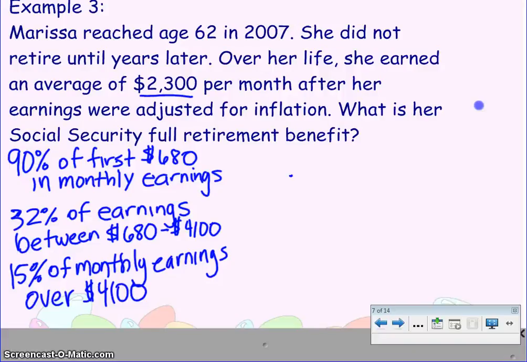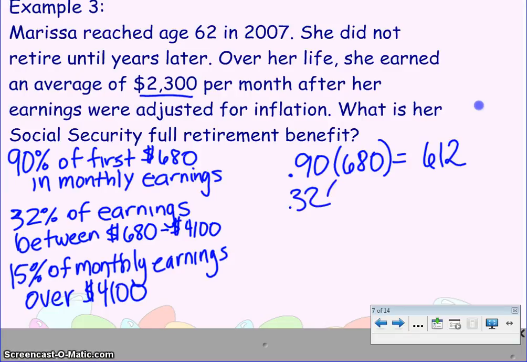So calculating it, if we take 0.90, which is 90%, and multiply it by 680, we know she's going to get $612 from that. Next, if we take the 0.32, which is the 32%, the total amount that she earned less the 680, which we've already calculated up above, she gets $518.40 from that.